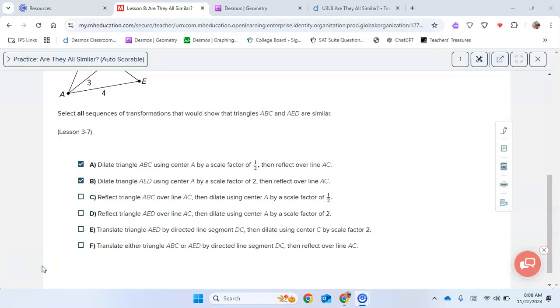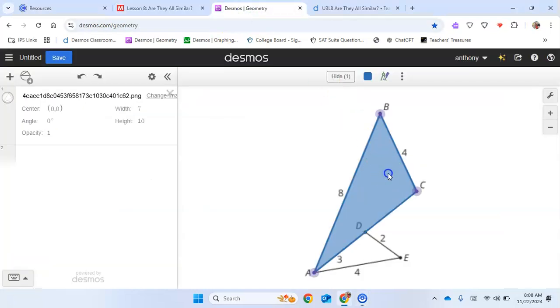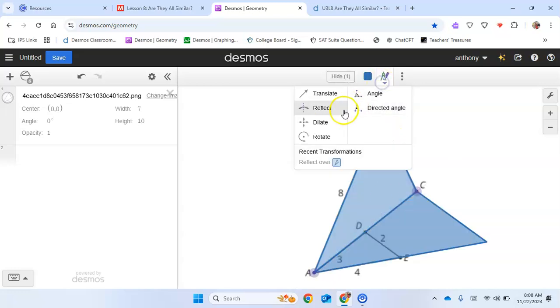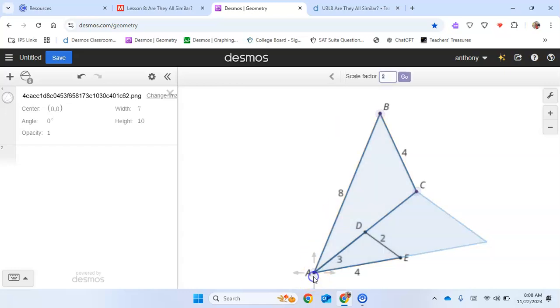Reflect triangle ABC over line AC, then dilate using center A by a scale factor of 1/2. So reflect, then dilate. You can see that worked.